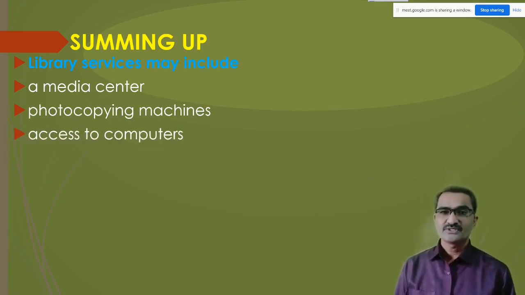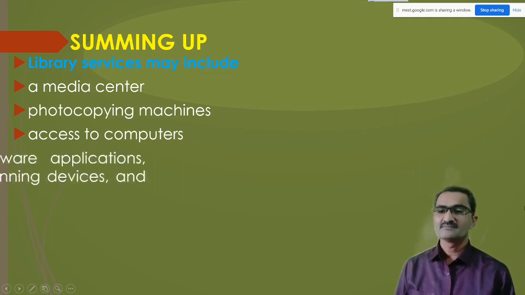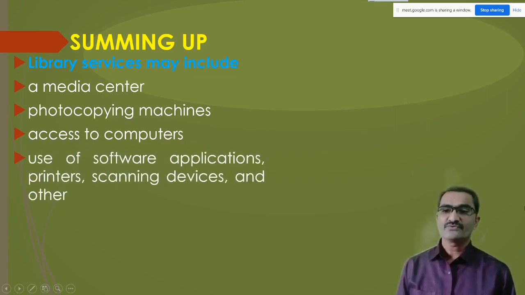Access to computers, you people might have visited MJ College library, so there you can see photocopying machines, access to computers, CDs and other things are available. Use of software applications, printers, scanning devices and other hardware which is required for these things.